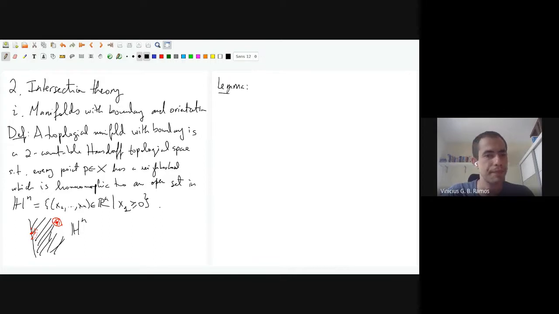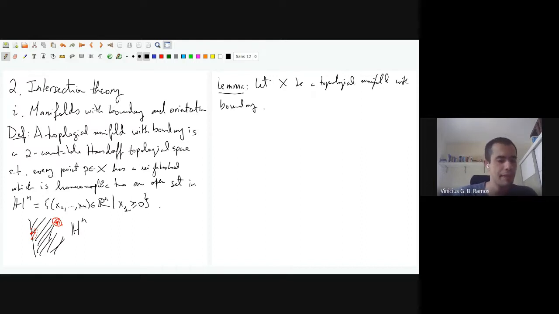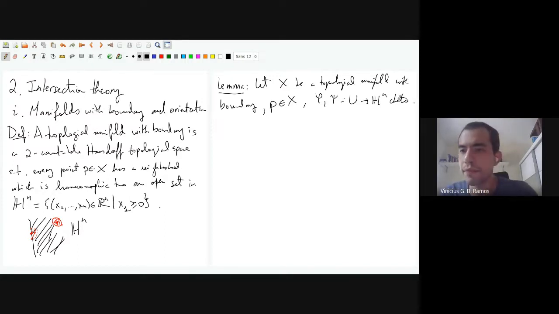So lemma: let X be a topological manifold with boundary, so that means this definition, and let P be a point in X, and phi and psi from U to Hn be charts around P. Suppose that phi of P is 0 and then something something.